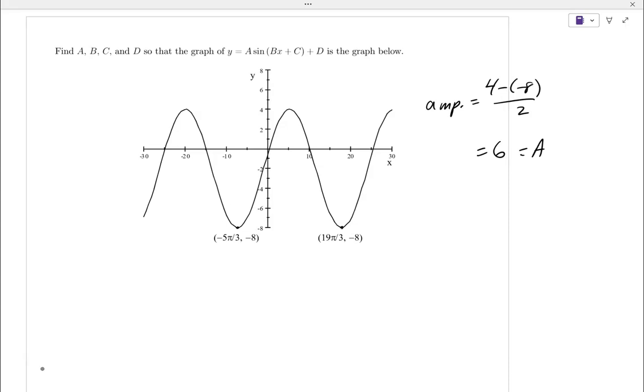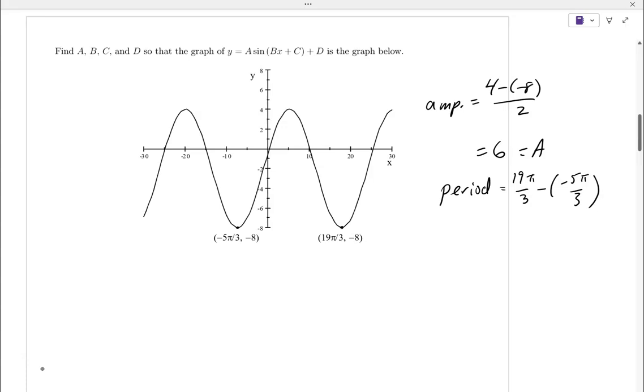Period. What is your period in this case? Or how would we find our period? 19 pi over 3 minus 5 pi over 3, right? Because I need to do the length of the interval.